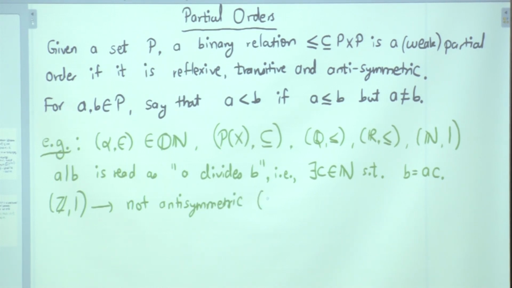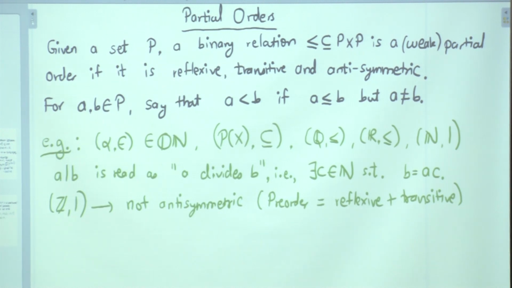Such a thing is actually called a pre-order. A pre-order is a reflexive plus transitive relation, but not necessarily antisymmetric. In some literature you can also find the name quasi-order for this.